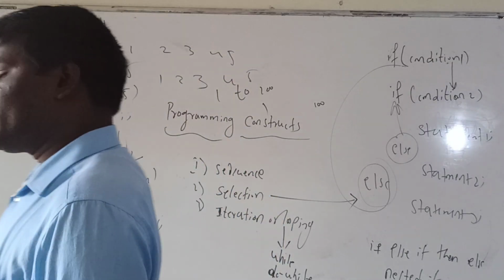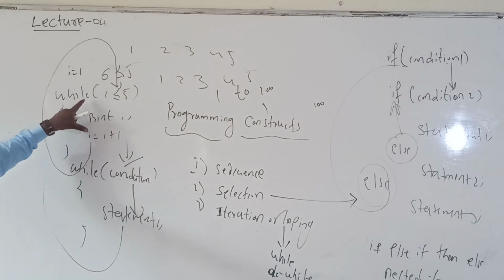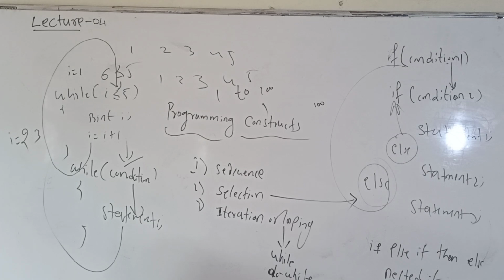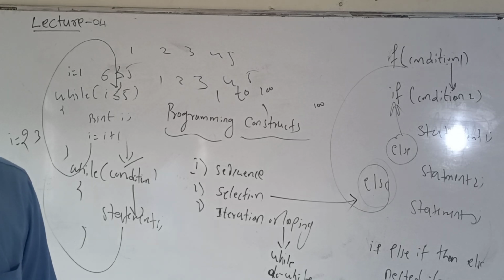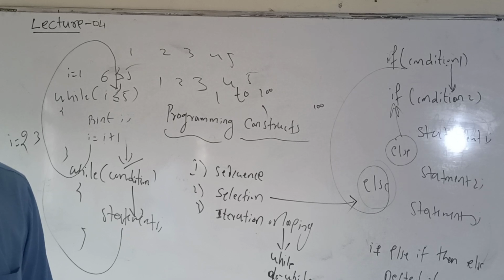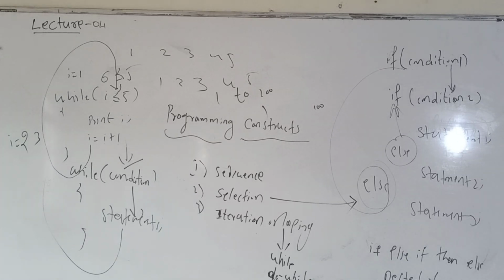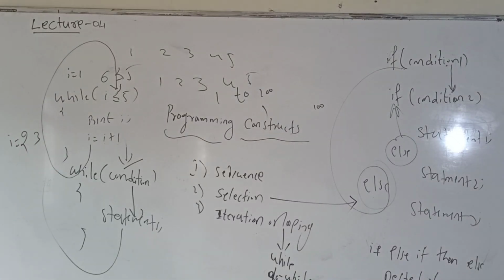In the same way, do while. Do while means first it will execute the statement, after that it will check the condition. In the same way for the for loop also. Let me show you do while.